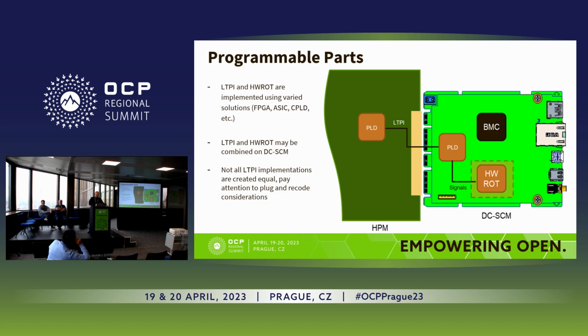But ideally, I would like to go even further and have BMC, LTPI, and hardware root of trust as one part. Obviously, that's the best case, and that could get us back to close to parity cost-wise with what we had previously. And we're talking to partners and seeing in general in the industry that's the direction that folks are moving. There is work being done to try to combine these into 2 parts or 1 part. So I'm confident that we'll get there.